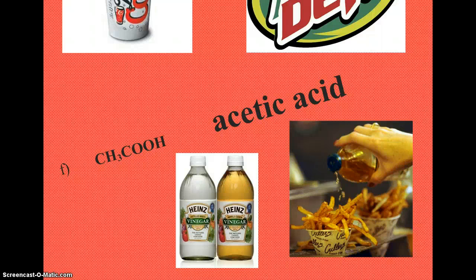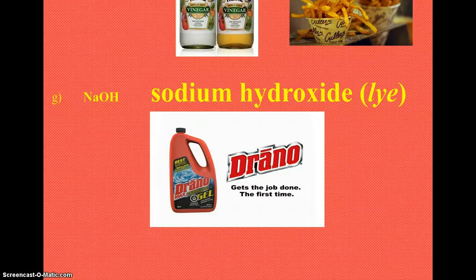Switching to the base side, sodium hydroxide, of course, OH is hydroxide, and we've used this again in lab, but the common name for this is lye, and it's very prevalent in drain cleaner, as you see here, Drano. That's where that name lye usually is associated with.